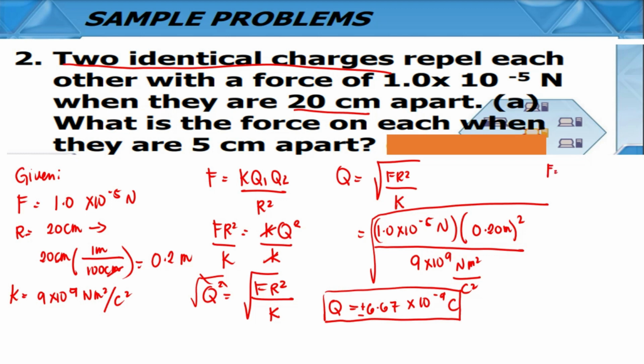F is equal to K Q1 Q2 divided by R squared. Since this is identical, we can say that 6.67 times 10 raised to negative 9 squared times natin dun sa constant proportionality.